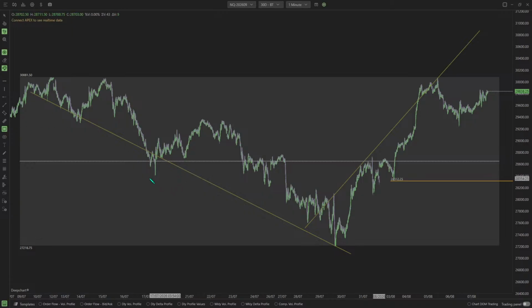And what is the middle? Well, where is the middle? Middle looks like here.